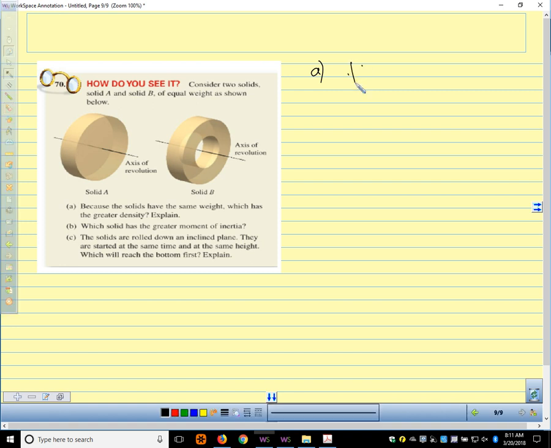So that would be solid B. Which one is going to have the greatest moment of inertia? The moment of inertia, remember, is the mass multiplied by its distance from the axis of revolution squared. B, it has more mass further away from the axis.